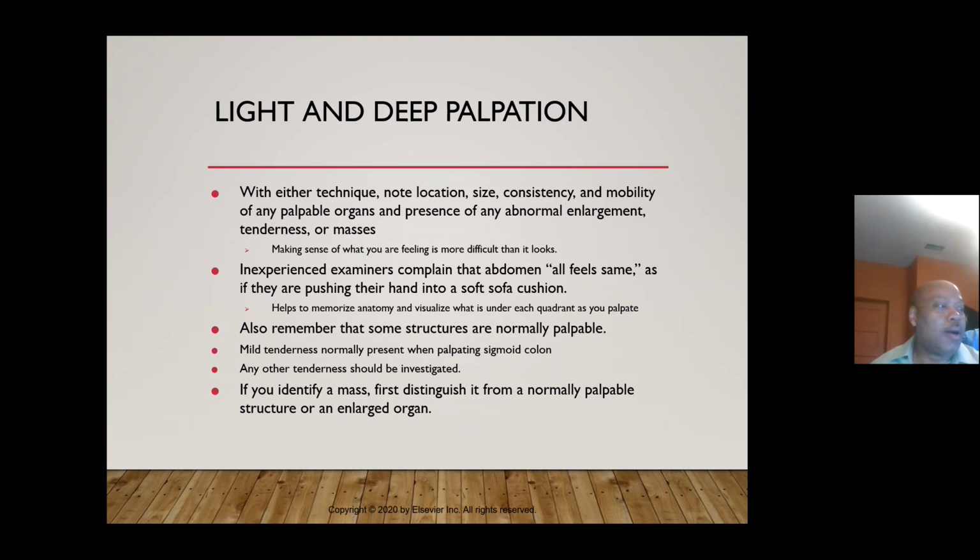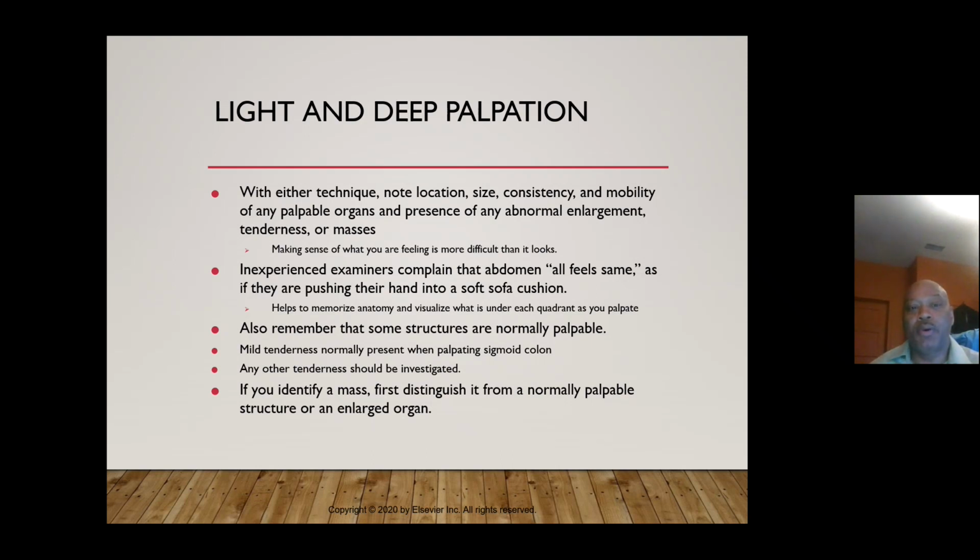All right. Now, we talked about in class, or we will talk about in class, because this lecture is before class. Anyway, we have to think about the various organs that are located in each quadrant. That's why we have to learn our anatomy and physiology.